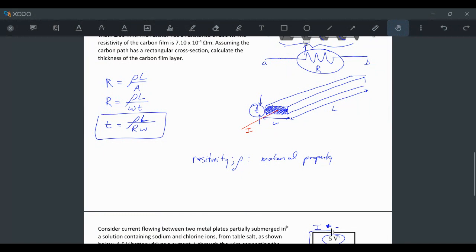The next is this length here, if we're just using this bar that we had drawn previously of this film as a resistor. The idea behind the length is the further that the current has to travel, the harder it's going to be. That's basically the gist of it.